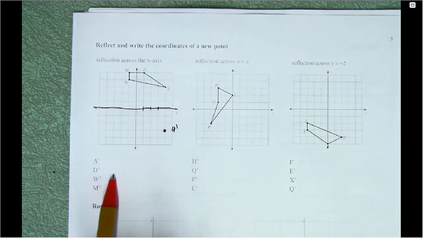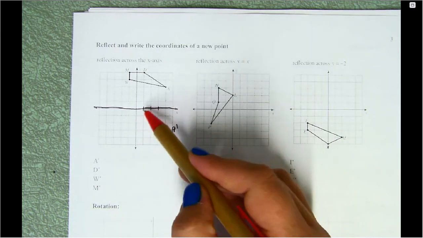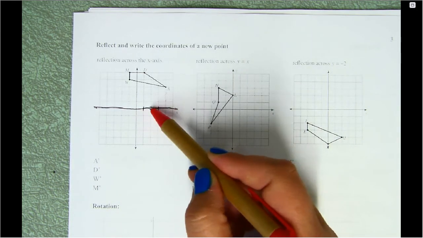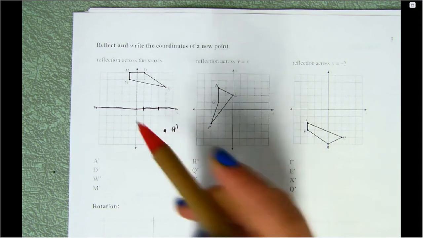If I'm asking you to put the new points, my suggestion is to put them right away when you find them, because then it's going to get a little bit messy to look for the points when we try to connect everything. So I'm going to say this point right now is 1, 2, 3, 4 for x and negative 3 for y.